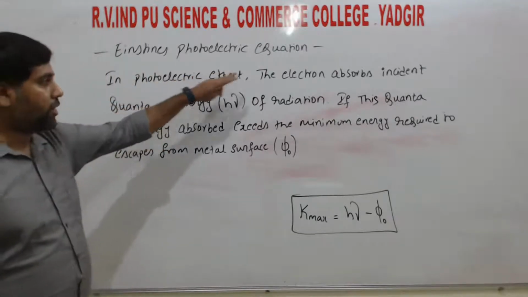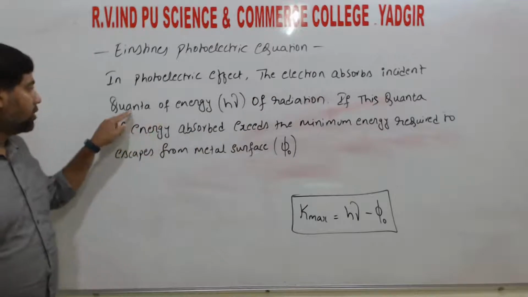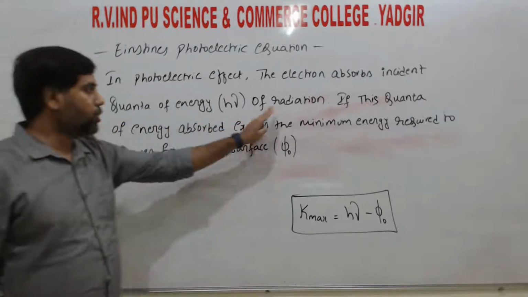So in the photoelectric effect, the electron absorbs the incident quanta of energy h nu of radiation.